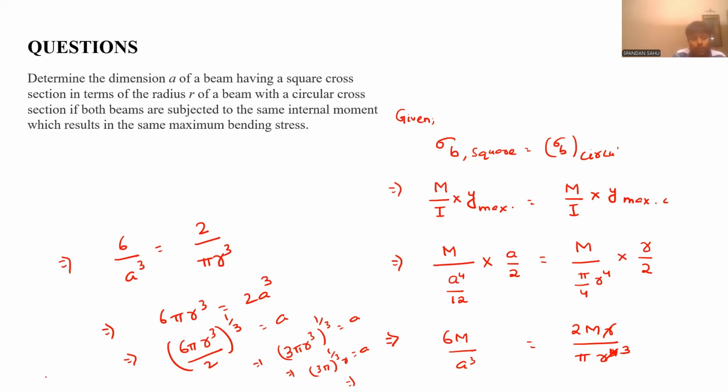It will be a equal to 2.11 r. Is this clear?